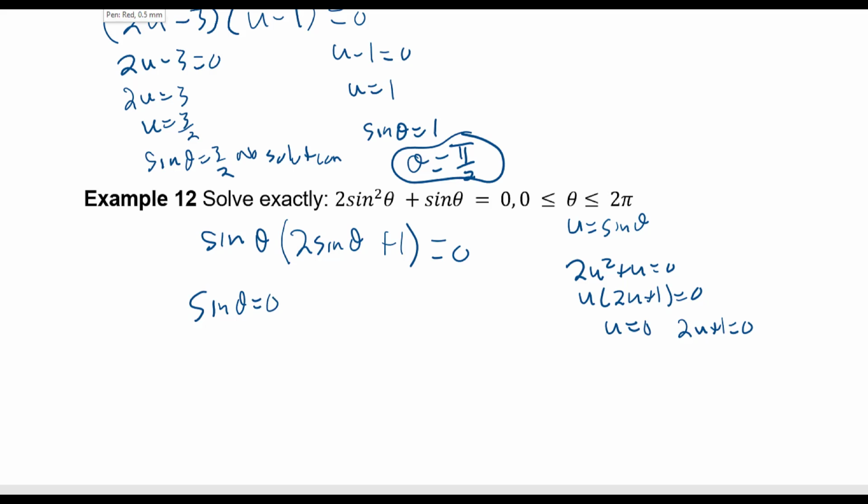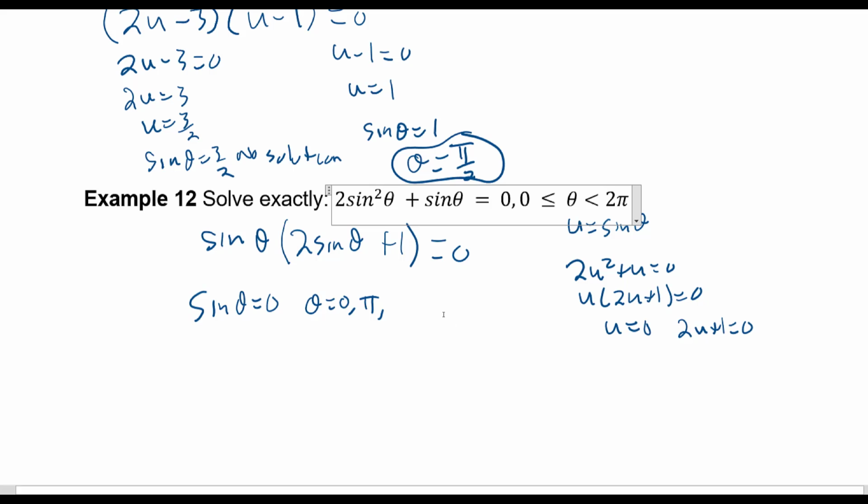And from 0 to 2 pi, that's going to be theta equals 0, pi, and, oh, this says strictly less than 2 pi. So let me see if I can change that. Change that to this.